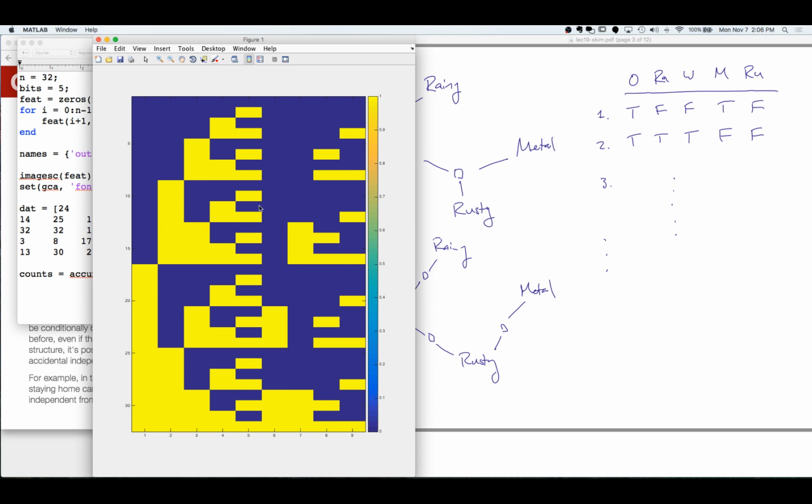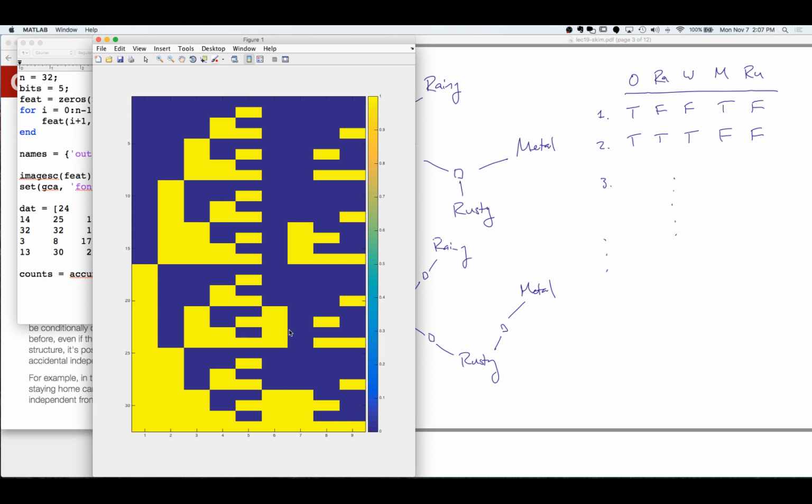So here, this is my original matrix of features. The first 5 columns of this are my original matrix of features. And now I've created some new columns of features based on functions of the first 5 columns of features.